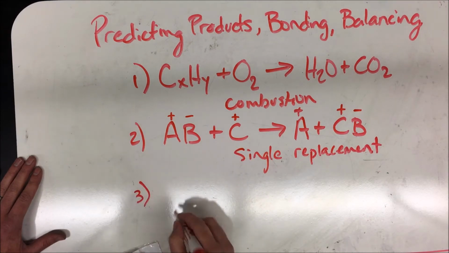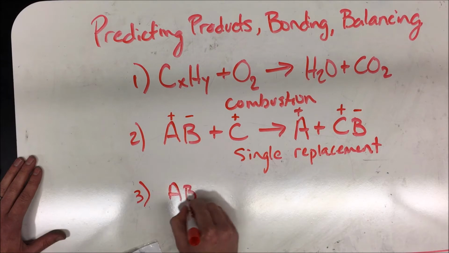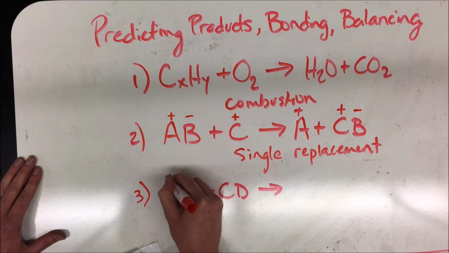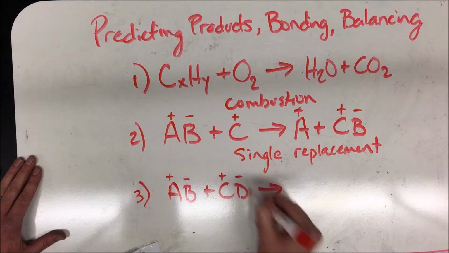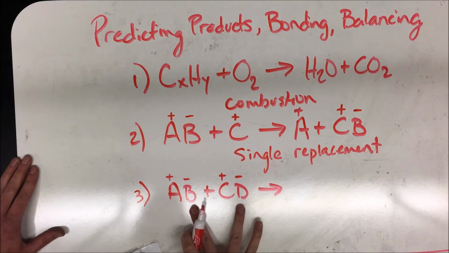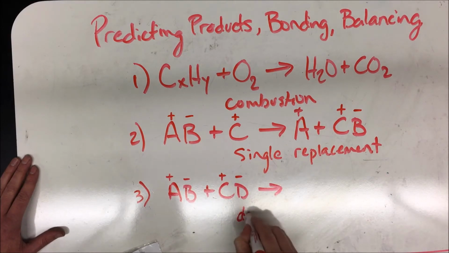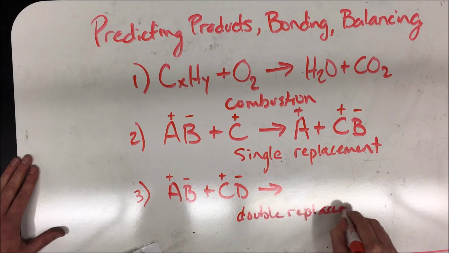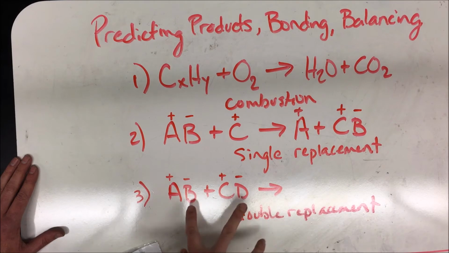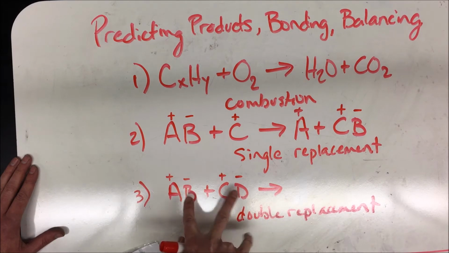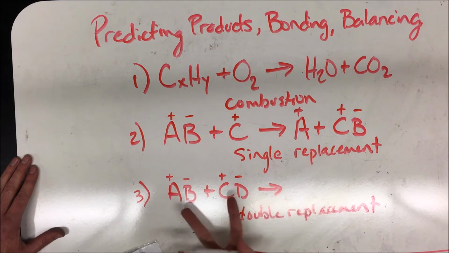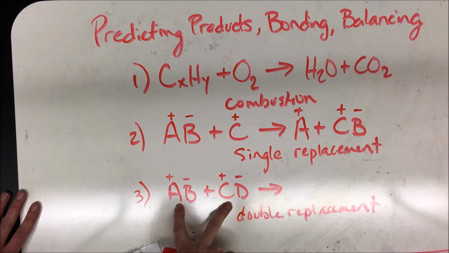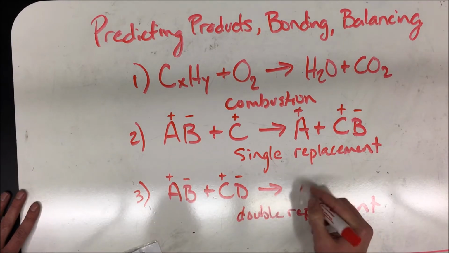The next one we're going to talk about is double replacement. That's something like AB plus CD. Again, I'm going to label these cations and anions so you can see it. In double replacement, we have 2 anions, and they are going to switch in the products to the other 2 cations.